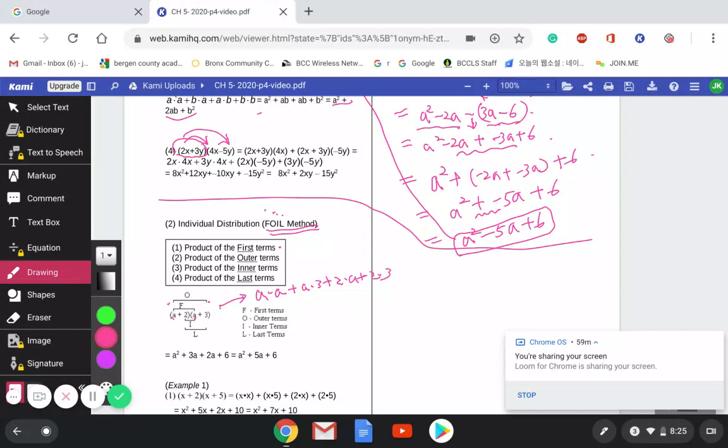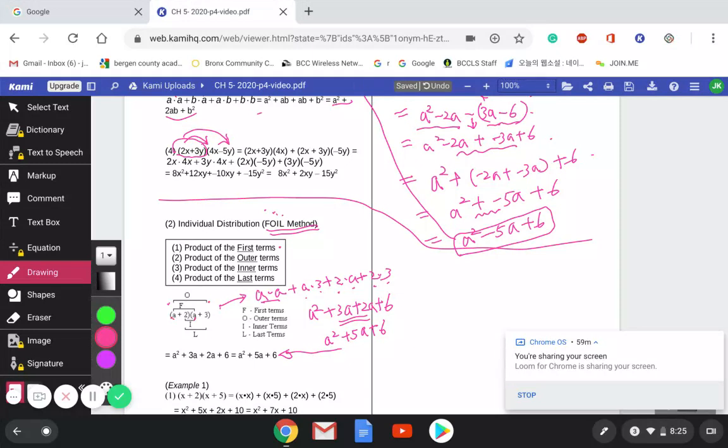That's what foiling is. The first one with the first one, the outside one with the outside one, the inside one, 2, with the inside one, and 2 and 3. So you end up with a squared plus 3a plus 2a plus 6. 3a and 2a are like terms. So you end up with a squared plus 5a plus 6, which is this.